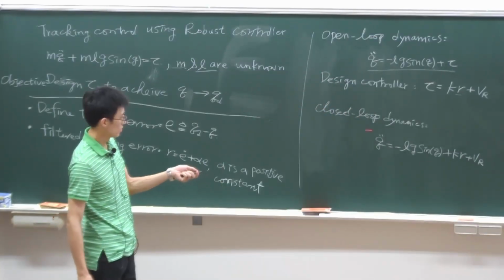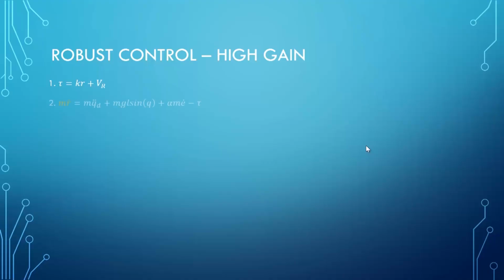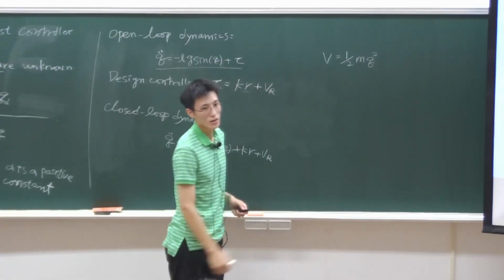Something weird here. Because when you design the above function, we only put r because we want to. So in the above function, we only see r or e, in other words, only the filtered tracking error or the tracking error, not q anymore, right? We don't put v equal to minus mq squared, right?